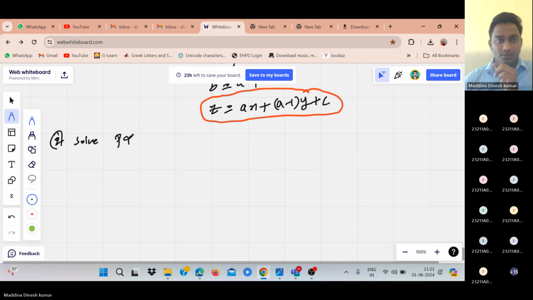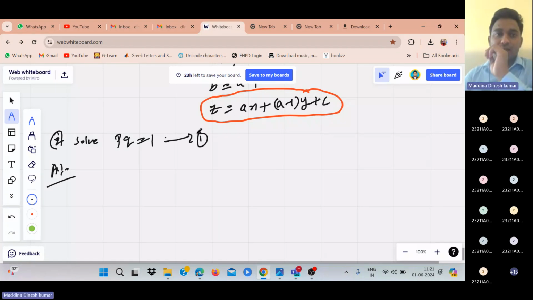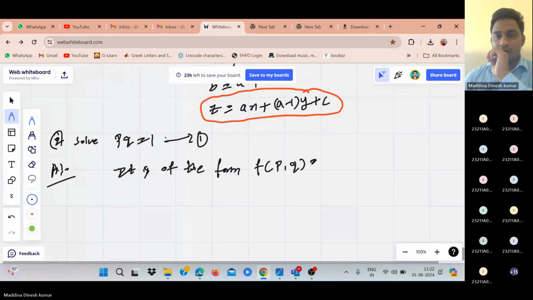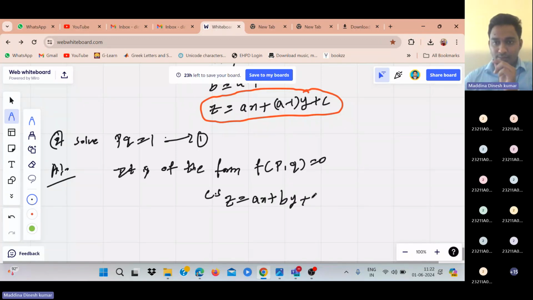Solve pq equal to 1. Consider it as equation number 1. It is of the form f of p comma q equal to 0. That means the complete solution is z equal to ax plus by plus c.